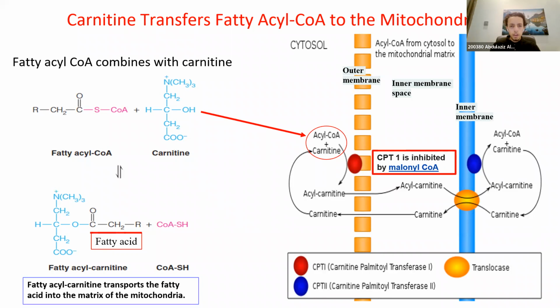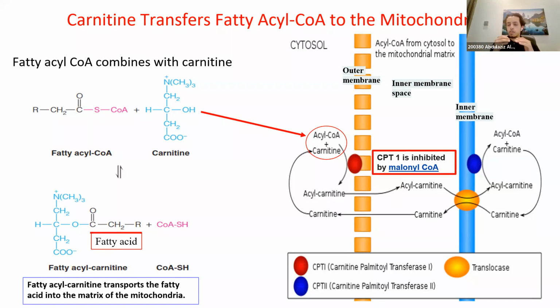Isn't carnitine already added before coming to CPT1? The CPT1 itself is what adds the carnitine onto it. Yes, Noura, the CoA was already on the fatty acid. The carnitine replaces it so it can come into the matrix.